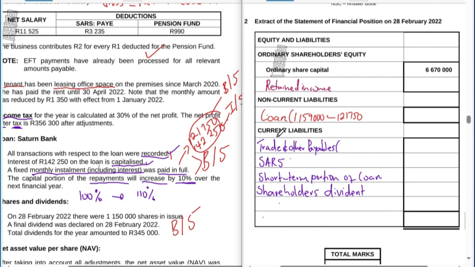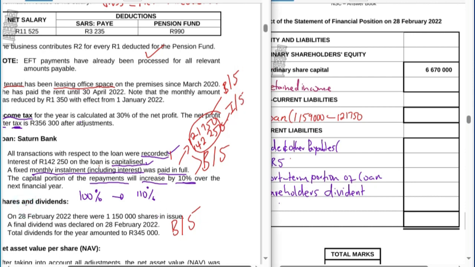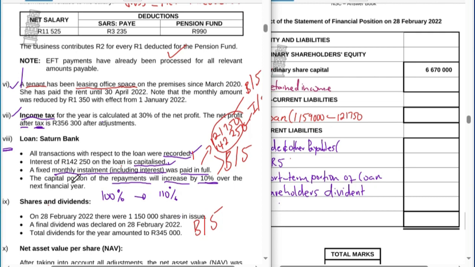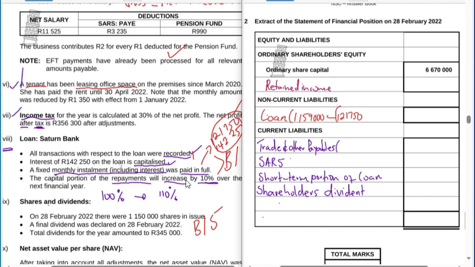And then now guys, this information says that the capital portion of the repayment will increase by 10% over the next financial year. So now we are no longer going to pay 121,750 because it's going to increase by 10%. We can do our small bracket there, close off, and then multiply by 110, as there will be an increase of 10%, meaning it's no longer 100%, but it's going to be 110, divided by 100.